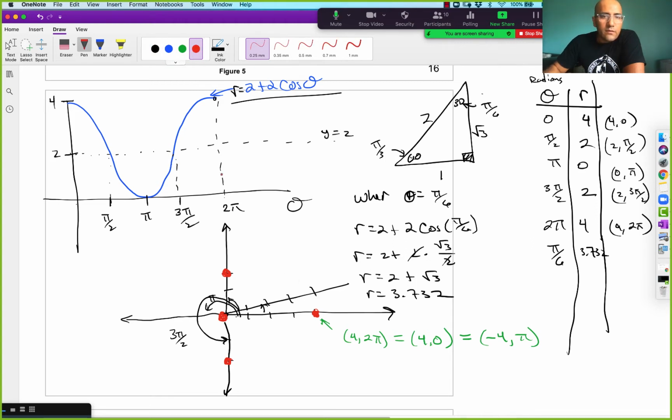And so a little less than that would be the 3.7 something. So it'd be kind of like around there somewhere. Is that okay? Questions? So this point right on here would be the point pi over 6 comma 3.732.